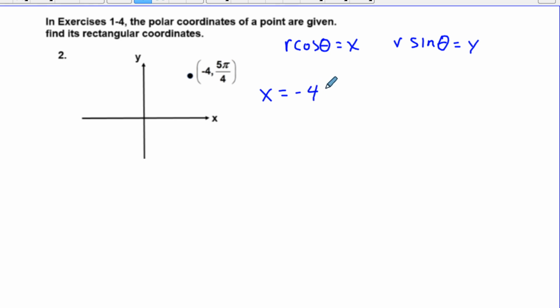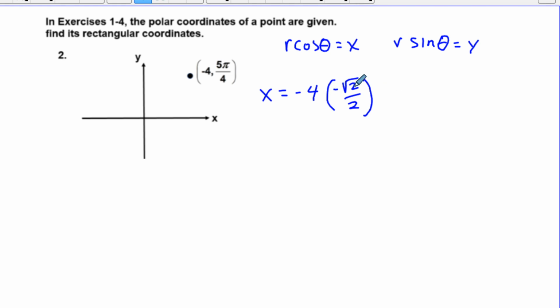And we have -4. So x is equal to -4 times cosine of 5 pi over 4, which is going to be negative square root of 2 over 2. Now I realize you can just put in 225 degrees.